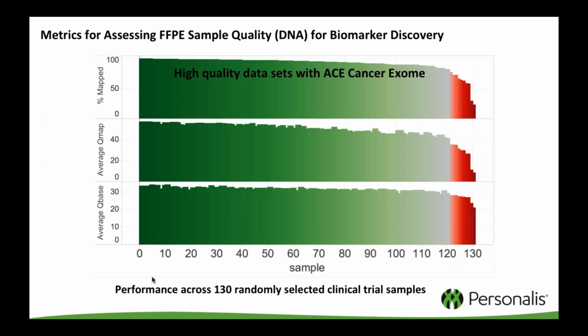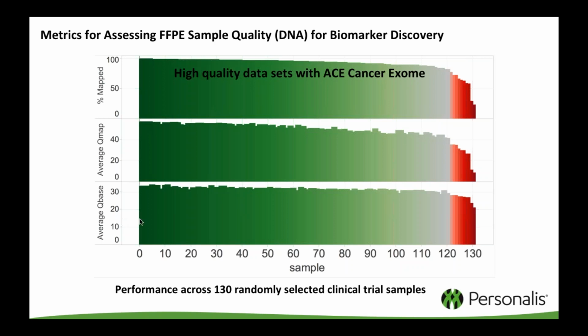So how do you then assess the sequencing quality coming from FFPE samples? What type of metrics can you use? There are several metrics to help you determine the quality of the sequencing data for both DNA and RNA. To assess DNA sequencing results, metrics that can be considered are, for example, the percentage of mapped reads, or how many reads align to the reference genome; the QMAP score, which shows the probability that a read is misplaced in mapping; or the Q-base score, which is the probability score of an error in base calling.